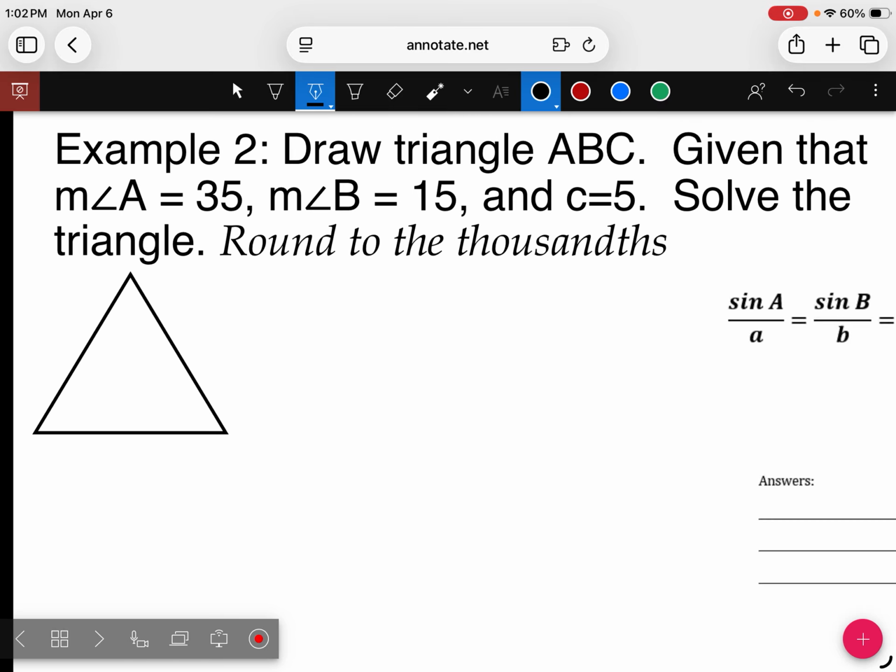Now we got triangle ABC. Big A is 35. Big B is 15. And little c is 5.